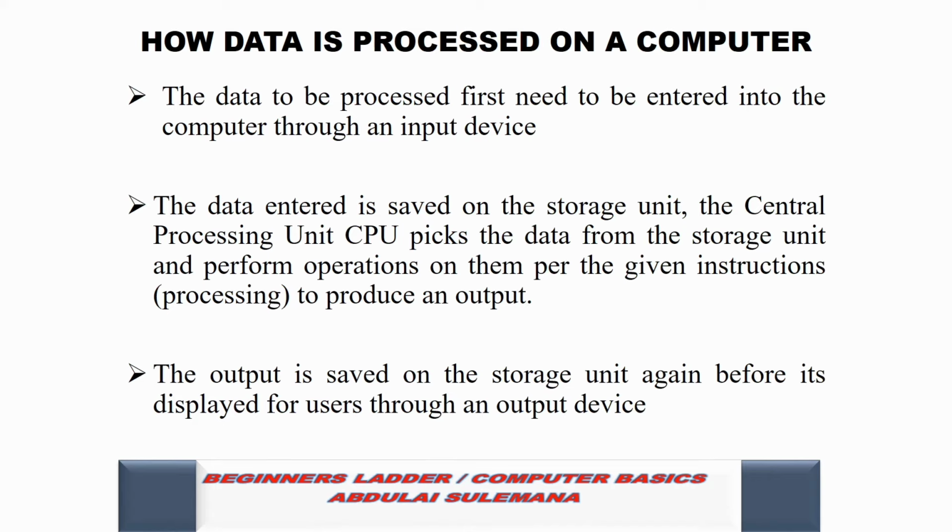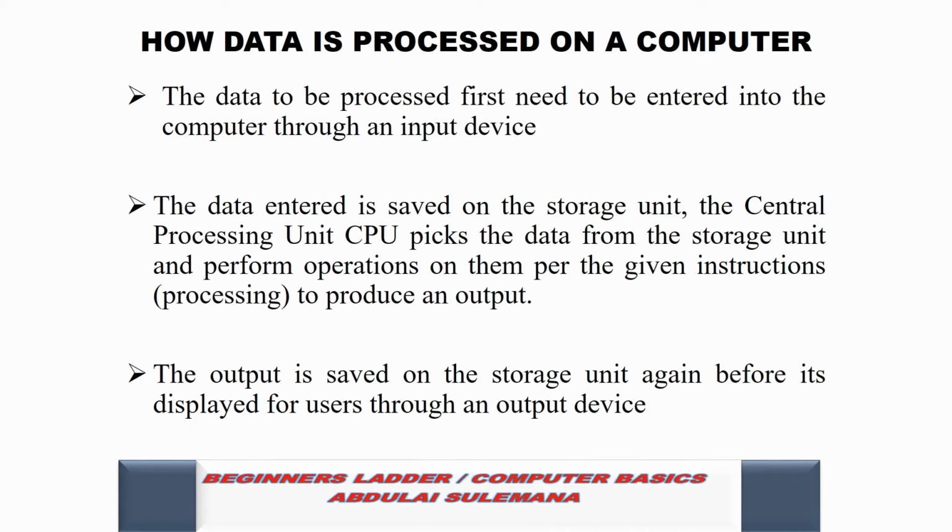So once you enter information into the computer, the storage unit will pick it. The central processing unit, CPU, then picks the data from the storage unit and performs operations on them per the given instructions to produce an output.